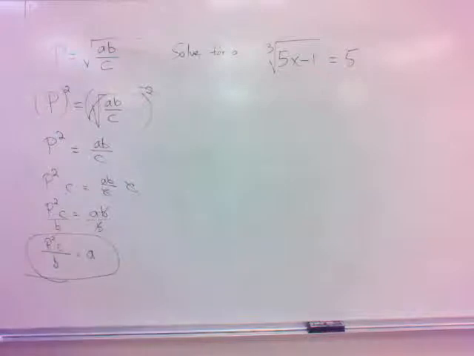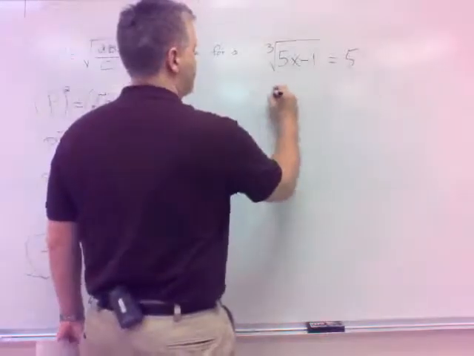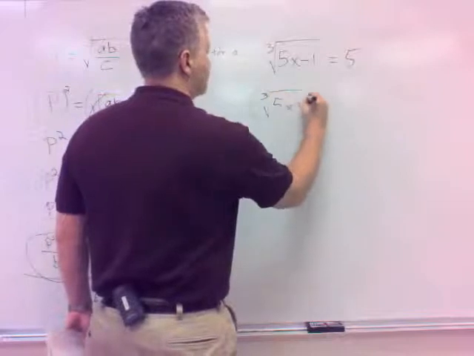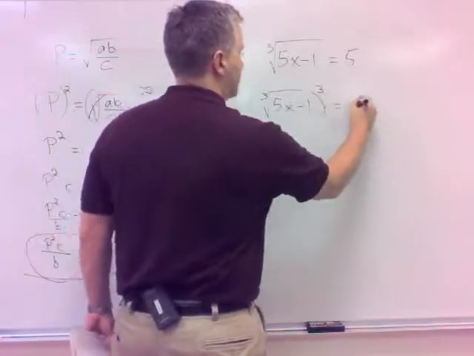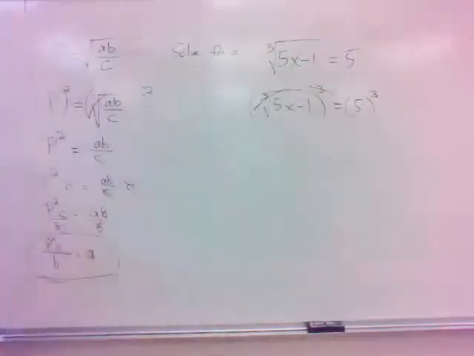Yeah. Same thing works for any root. If it's a cube root, you cube both sides. If it's a fourth root, fourth power both sides. Just do the opposite thing. In a cube root, the opposite would be cubing both sides. And similarly, the cube root and the cube do cancel out.